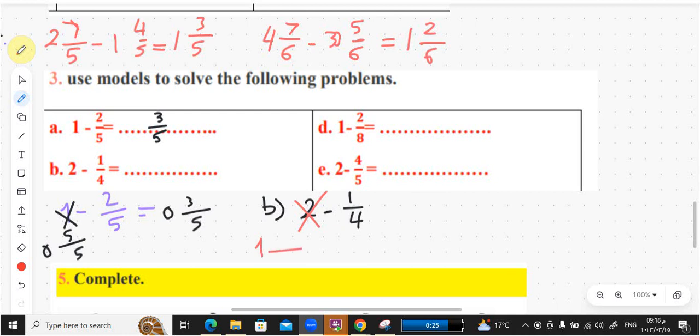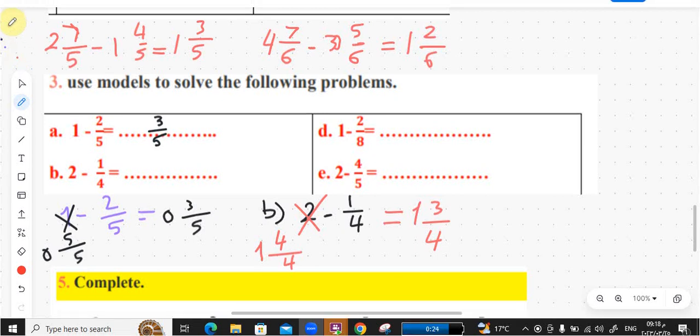And the fraction with the same denominator. The denominator here is 4, so the fraction will be 4 over 4. And now let's start the subtraction. 1 minus nothing is 1. 4 minus 1 equals 3 over 4. So when I have a whole number minus any fraction, I will take the whole number and go back one step, and make the fraction with the same denominator. Okay?